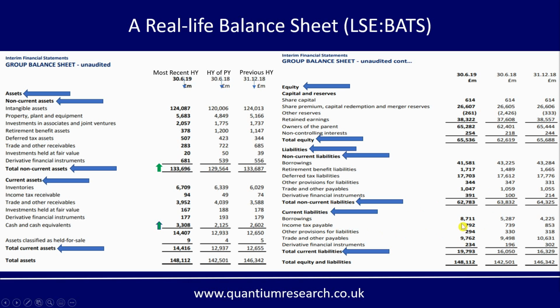So income tax payable is within the year. Borrowings are essentially classed as short-term debt here. And there are some other subsections in these larger categories, and we will hopefully go through them in a separate series on our site.